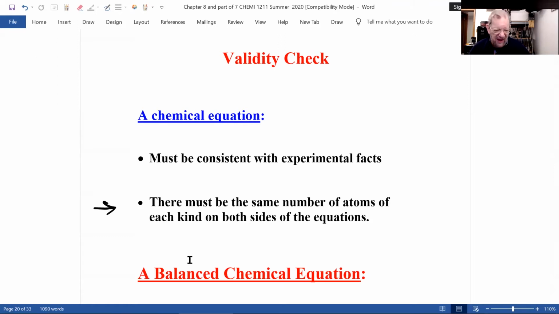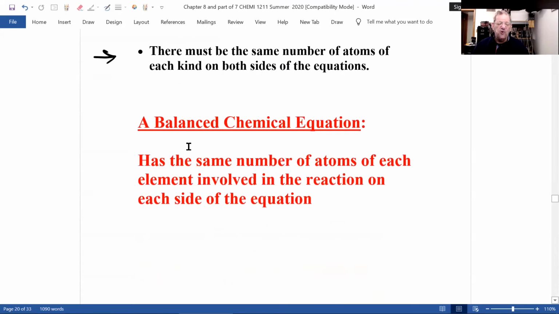Conservation of mass or matter, I think they're the same. And this means you always have a balanced chemical equation. And a balanced chemical equation has the same number of atoms of each element involved in the reaction on each side of the reaction.